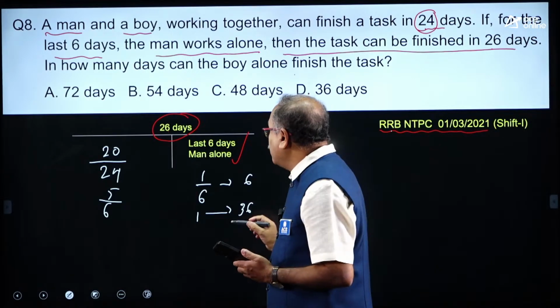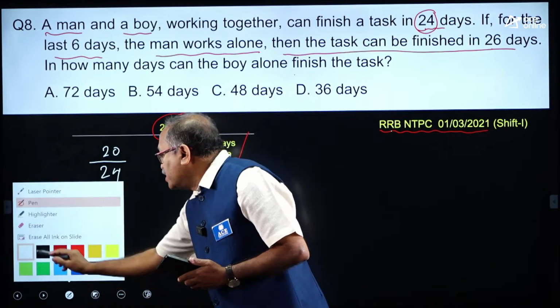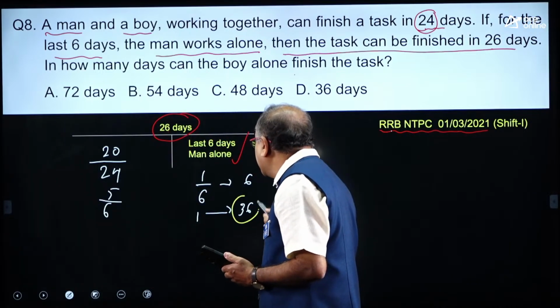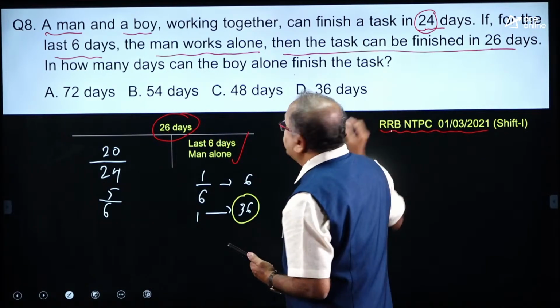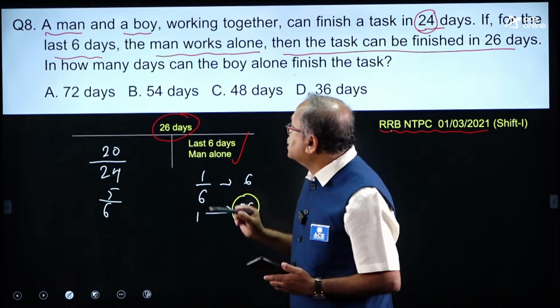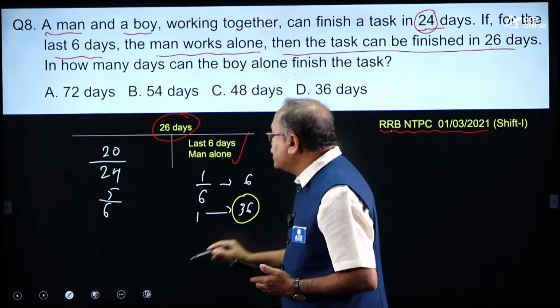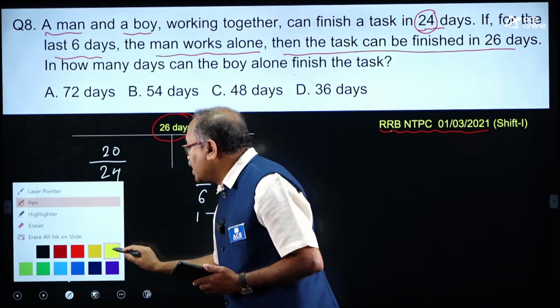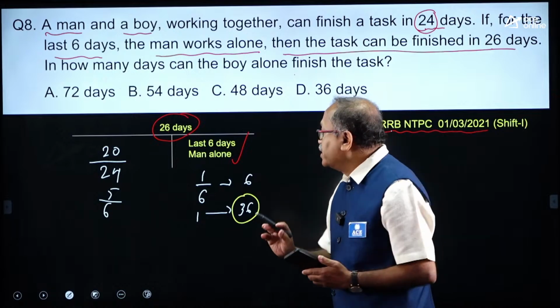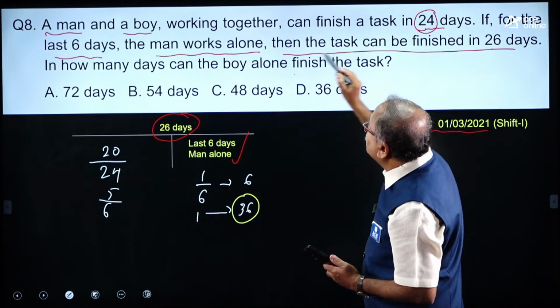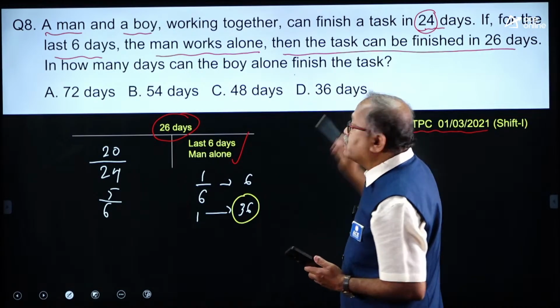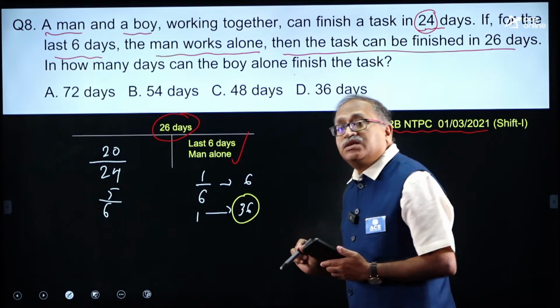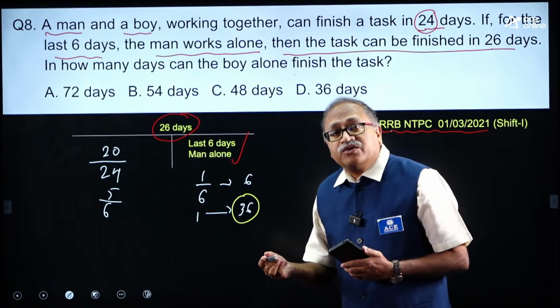Now I come to know that the man can complete one work in 36 days, and man and boy can complete one work in 24 days. Then the boy alone can complete the work in how many days? I will apply this small formula over here. When A plus B is given to us and A is given to us, how do we find B?